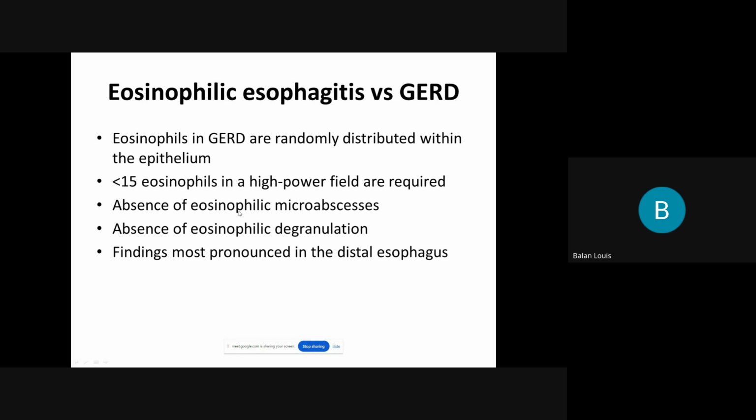There should be absence of eosinophilic microabscesses, and absence of eosinophilic degranulation. If these features are exactly the opposite, think about eosinophilic esophagitis. In GERD, the features are more pronounced in the distal esophagus, because that is the first point of entry of the reflux contents. So the distal esophagus is going to give you the maximum findings, whereas in eosinophilic esophagitis, the entire thickness can show these findings.